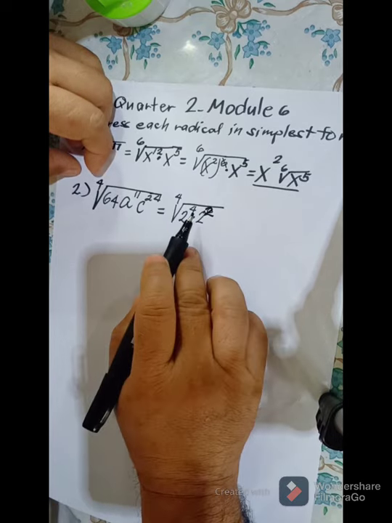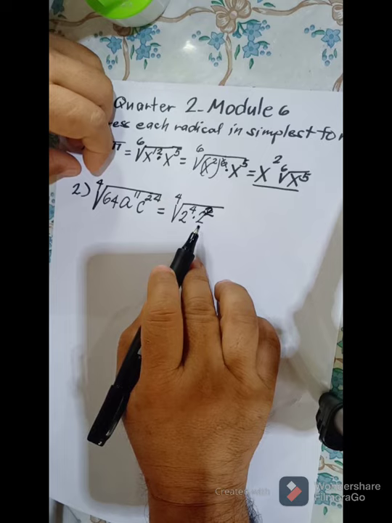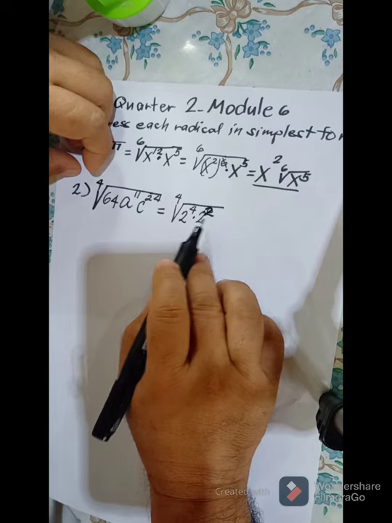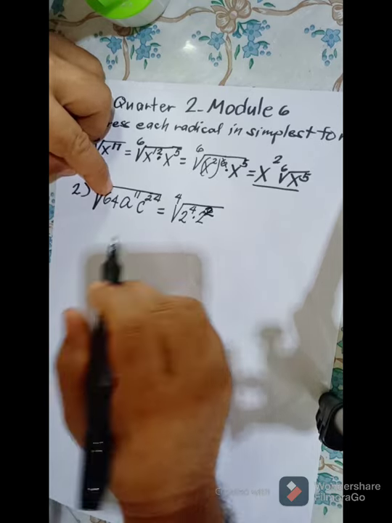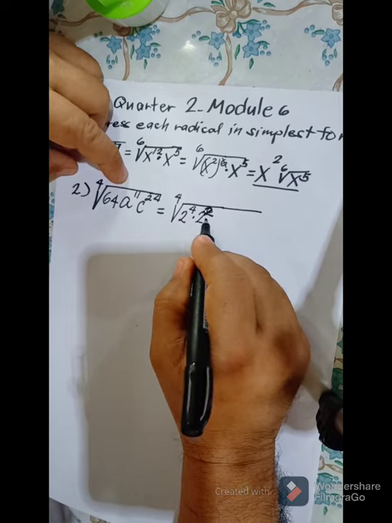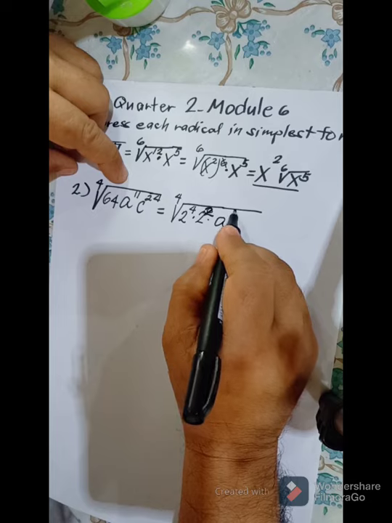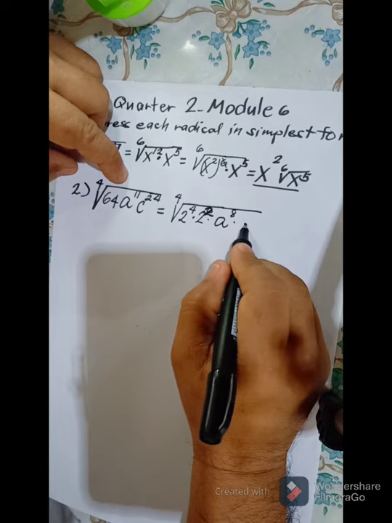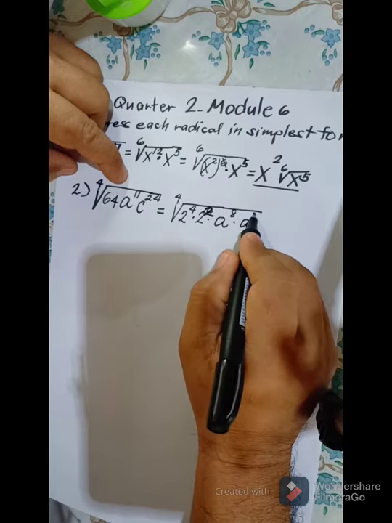Why? Because 2 to the fourth power is 16, 2 to the second power is 4, and 16 times 4 is 64. Then a to the power 11 could be written as a to the power 8 times a to the power 3.